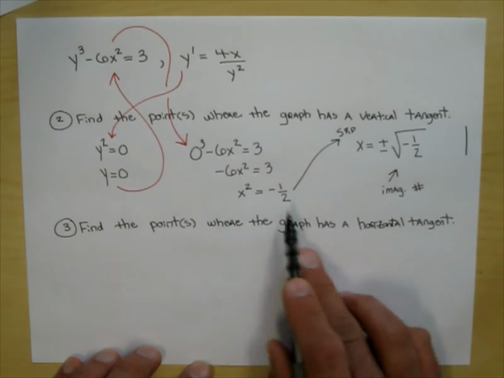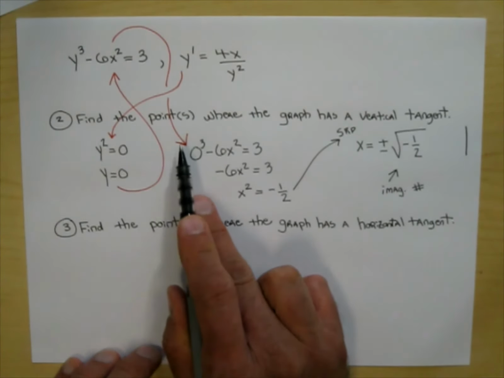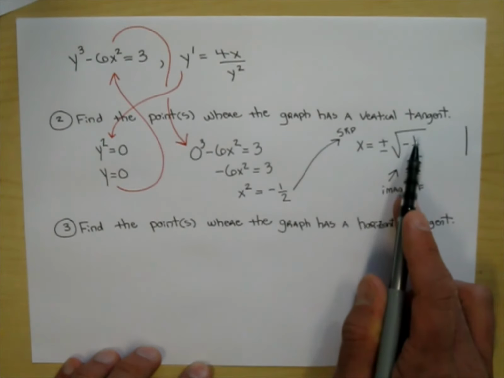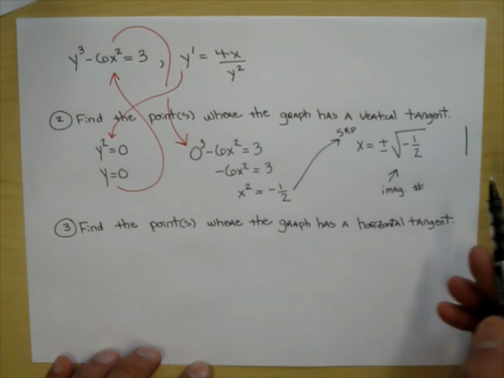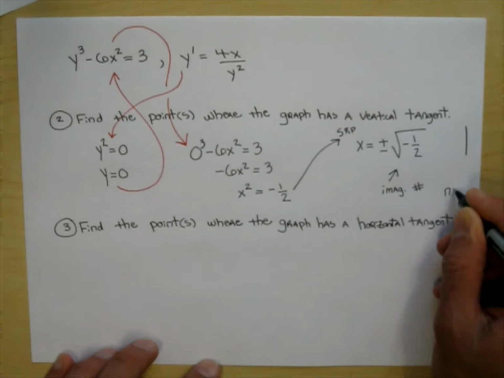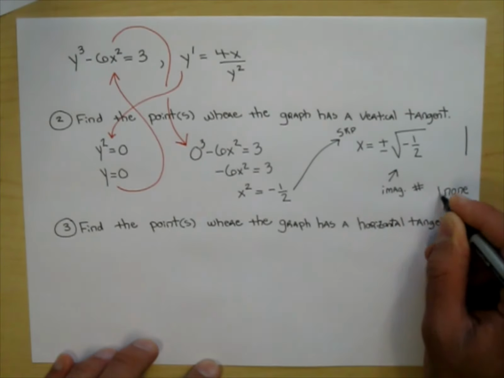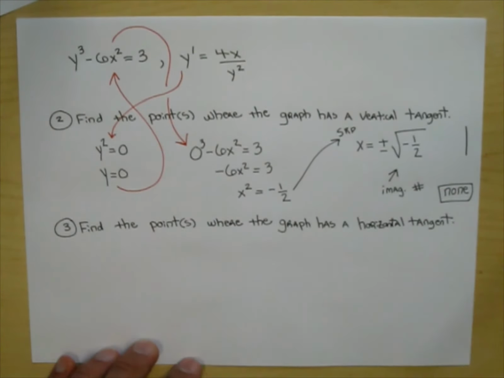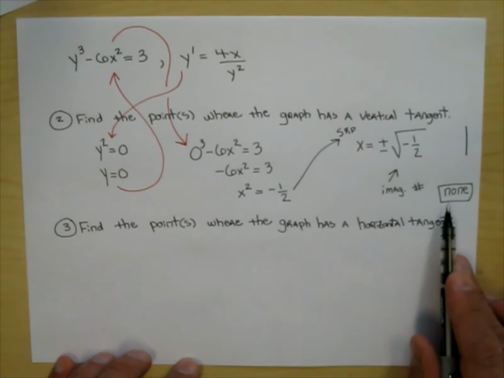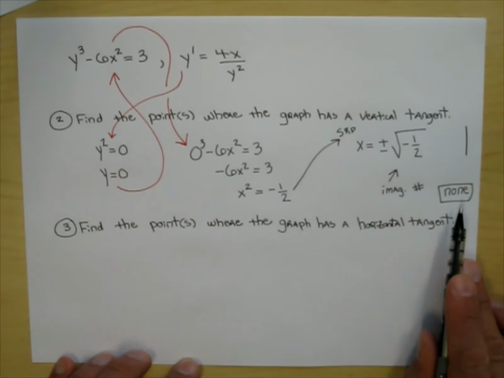So there's no way we can find any points where the graph has a vertical tangent. So the answer is none. Don't you hate when you do a lot of work all for nothing? Well, actually this is something. It gives us information: the graph doesn't have a vertical tangent.